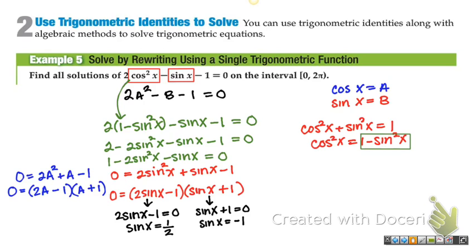Which values of x have a sine of 1/2? That is going to be pi over 6 in the first quadrant and 5 pi over 6 in the second quadrant. Which values have a sine x of negative 1? That is only 3 pi over 2.